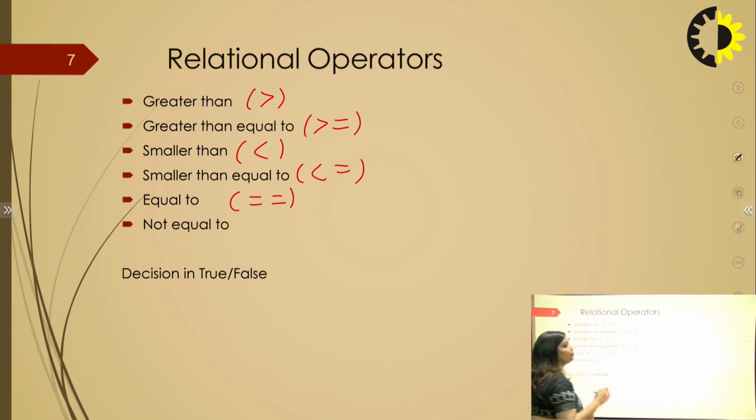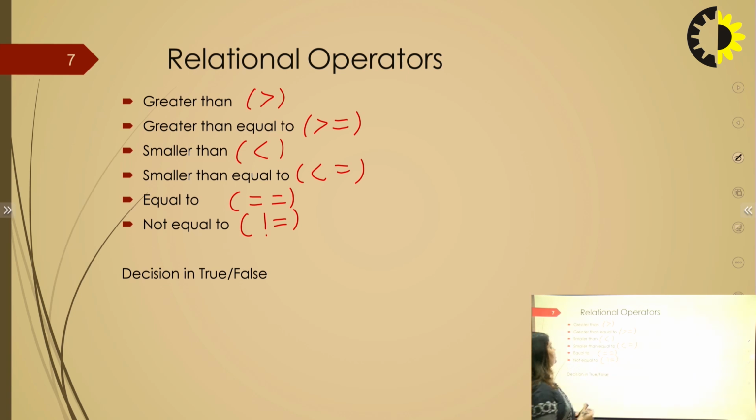We will use two equal signs to represent the equal to operator, because a single equal sign represents the assignment operator. Not equal to is represented in this way.